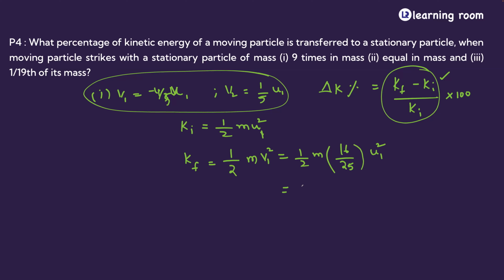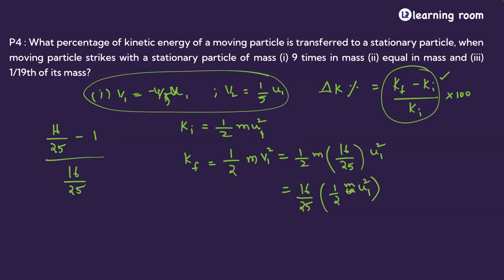So how much will this be? It will be 16 by 25 into half m u1 square. So K final minus K initial means 16 by 25 minus 1, the whole divided by 1.